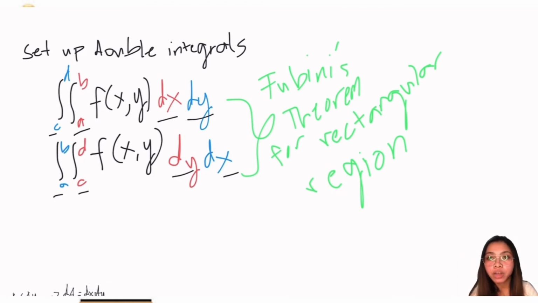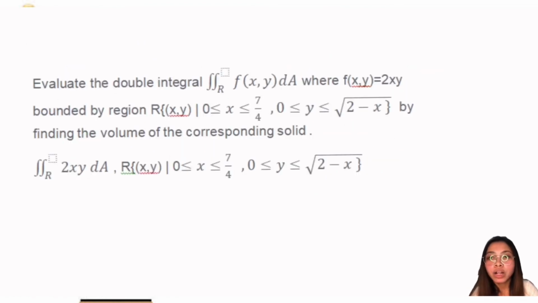We will now have the example. Evaluate the double integral over region R of f of x, y dA, where f of x, y is equal to 2xy, bounded by a region such that x is greater than or equal to 0 and less than or equal to 7/4, and y is greater than or equal to 0 and less than or equal to the square root of 2 minus x, by finding the volume of the corresponding solid.